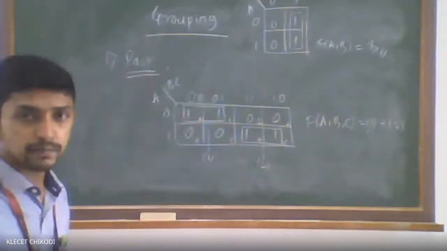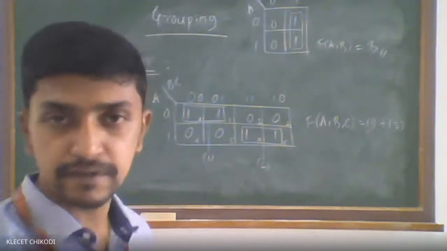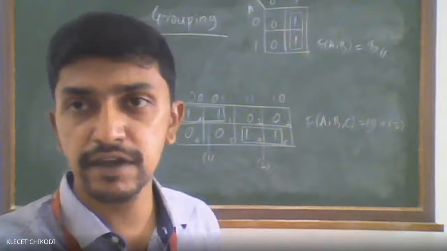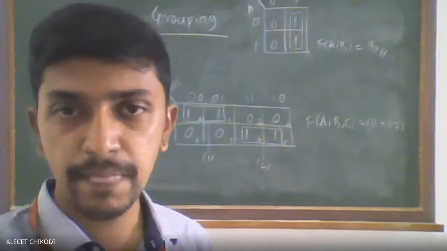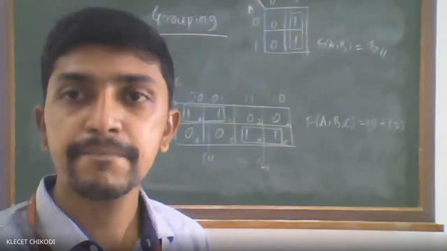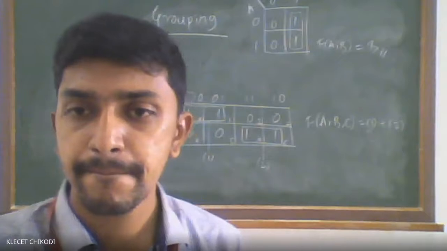Fine. Somebody is telling A bar B bar plus AB. Okay, that is correct. Somebody has written that A bar B bar plus AB it is. So that is exactly correct. Amit, can you tell me how you got that A bar B bar plus AB?